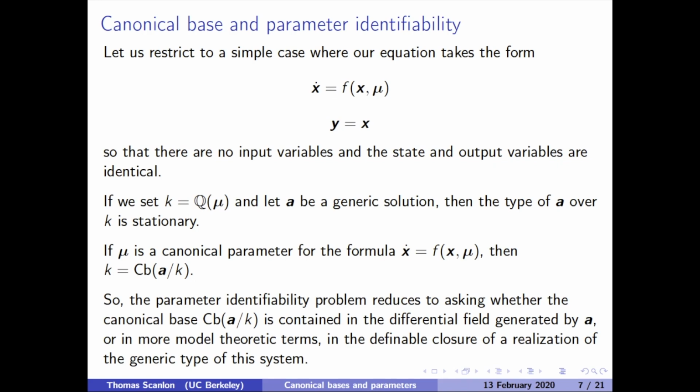We want to compute the canonical base of this type, which, under our hypothesis that mu is a canonical parameter, would be the field in question. We want to know, can we compute it just by knowing A? Can we write that field of definition just as a differential field generated by A?